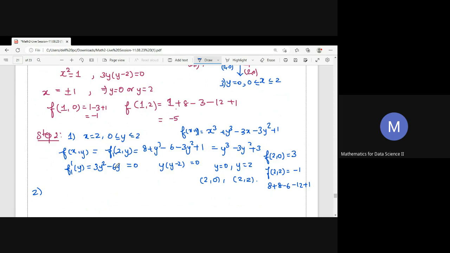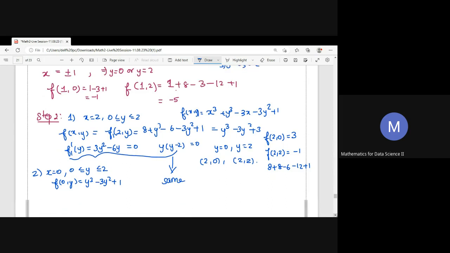Now, what is the second part we need to consider? x is equal to 0, 0 less than or equal to y less than or equal to 2. Now, what is your f of 0 comma y? It is y cube minus 3y squared plus 1. Again, you are going to get the same thing here, so I am skipping this part.